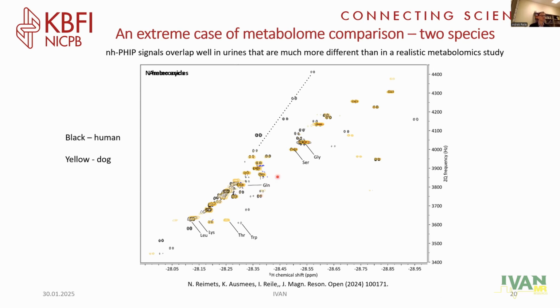Also, the amino acids check out really well from different urines, different species, different matrix composition effects; they overlap. In human, we found a series of further signals here that are absolutely absent in dog. We don't know yet what these are, but it's a very interesting question.